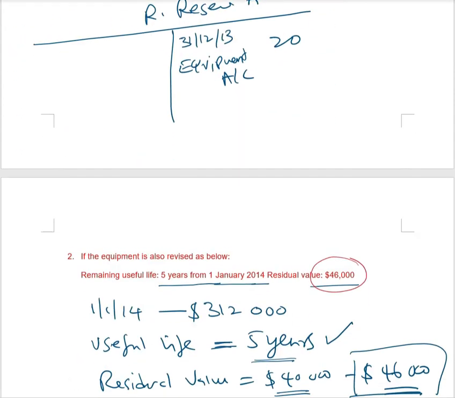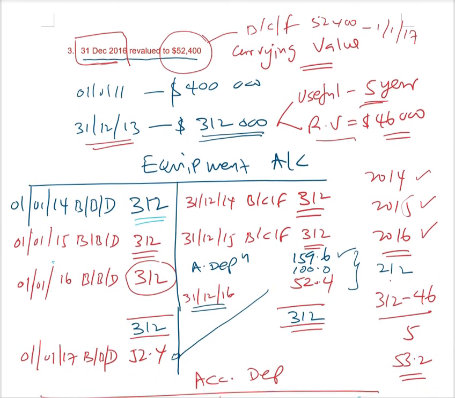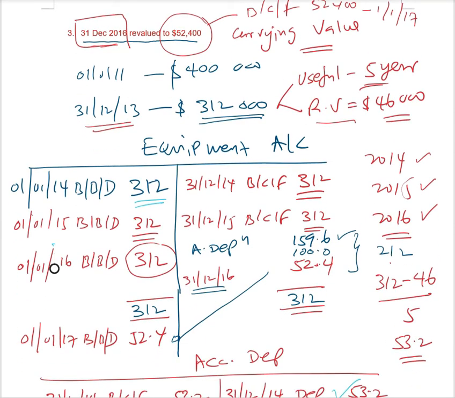So therefore, in this scenario, there was a deficit. This deficit amount should be credited to the equipment account and debited to the revaluation reserve account.